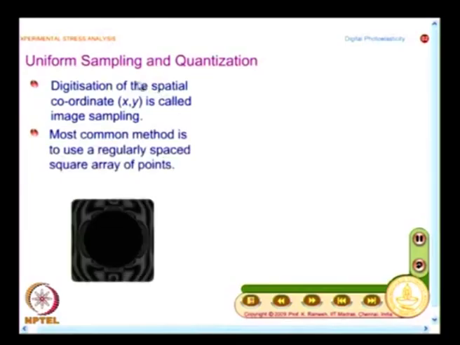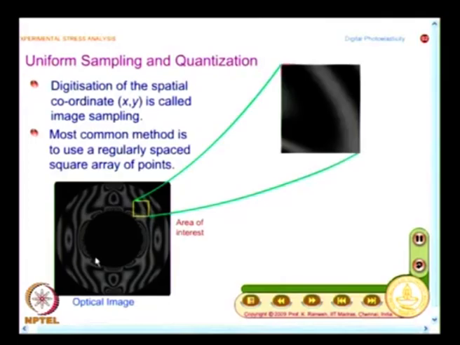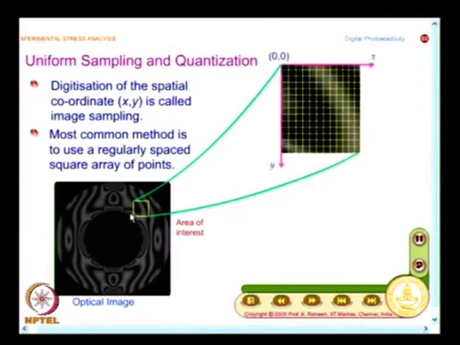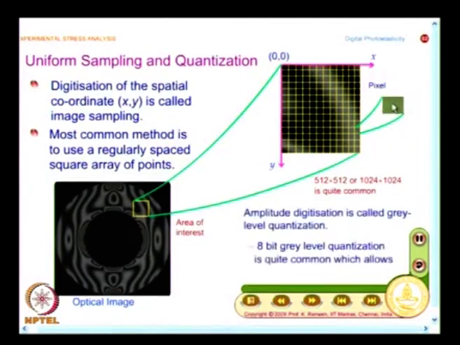First you do a spatial discretization, that you call as sampling, and you have an optical image, and for illustration a small zone is taken which is looked at as an assembly of very fine small elements known as picture elements, abbreviated as pixel.